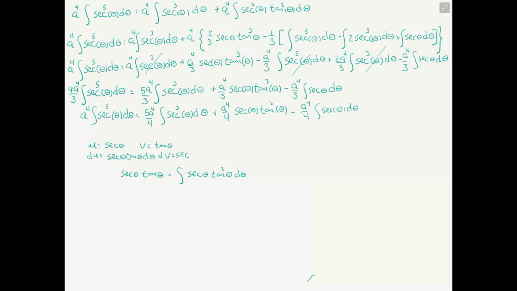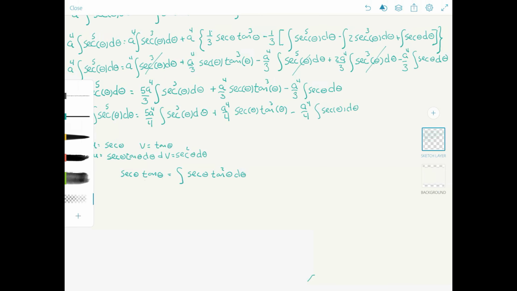Just doing a little cleaning up here because I didn't have the correct d theta in my du. I just noticed that, so I corrected it.